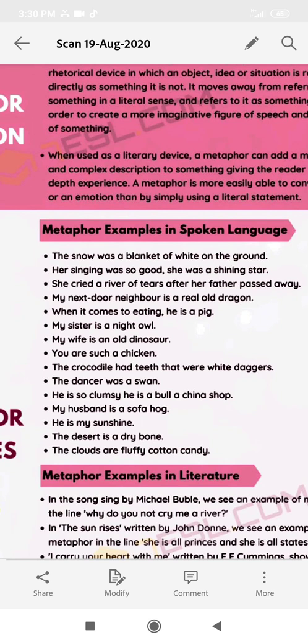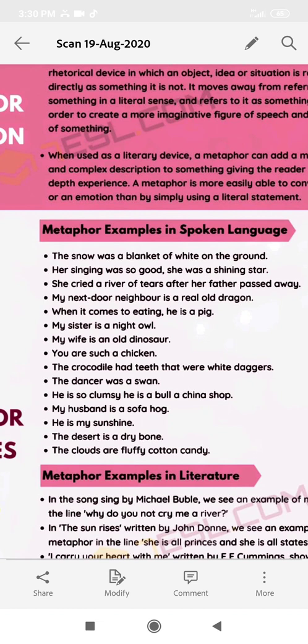Okay, so it is metaphor. જો હું આવું કહું કે you are like a chicken, like word use કરું તો શું થશે? It is simile. Okay, but like word નહીં હોય or as word નહીં હોય, it means it is metaphor. Okay, and comparison between two things without the word like and as.